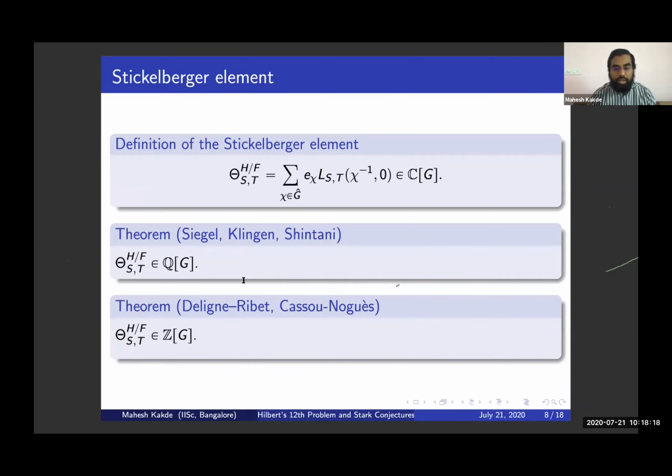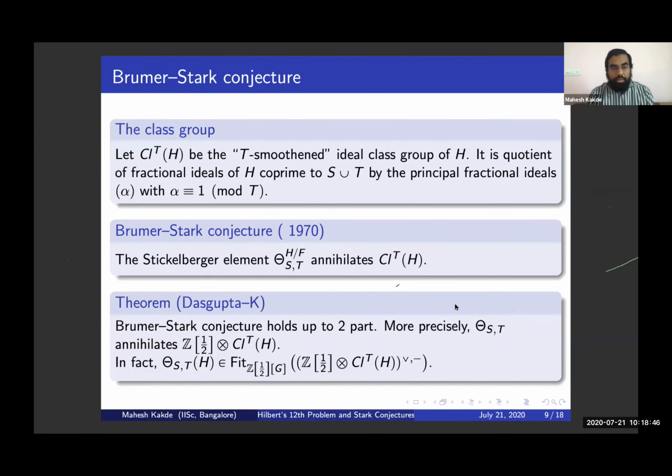So this is an important object for us. You should think of this theta as some kind of L function, but a group ring valued L value rather than an L function, because I have already evaluated at s equal to 0.